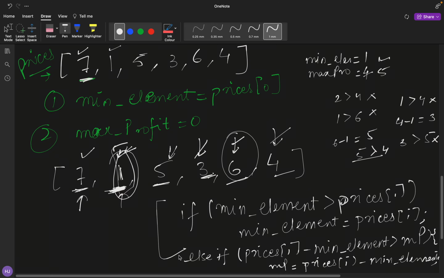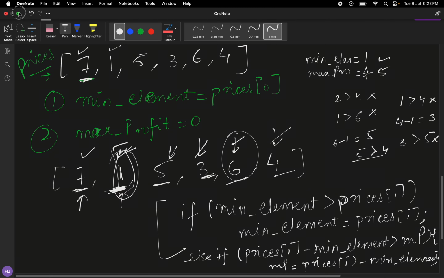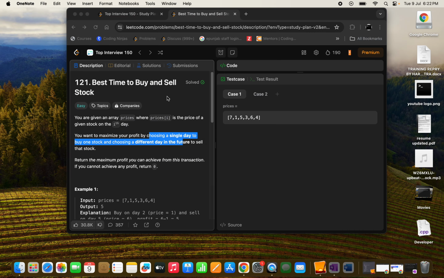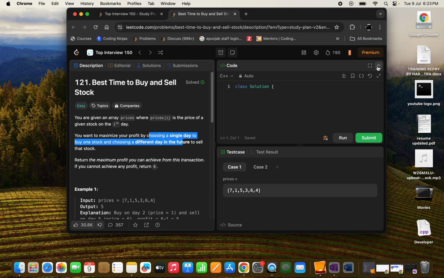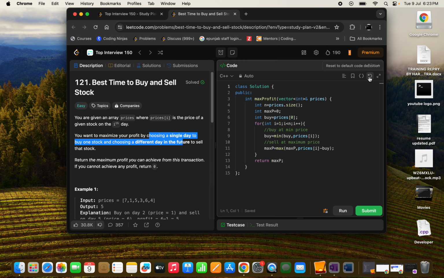So now let's code this question. Although I've coded the way in which I told the first one, let's code the way in which I've told for the second solution. So let's get started.